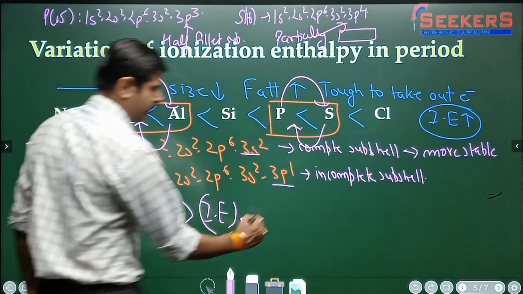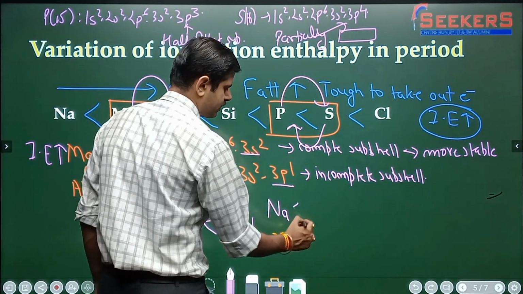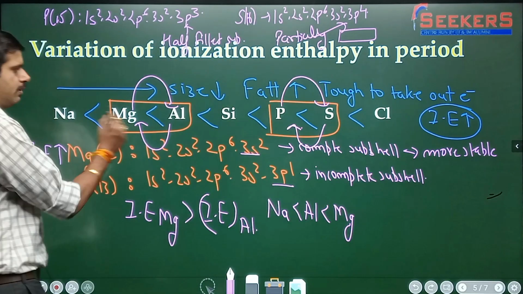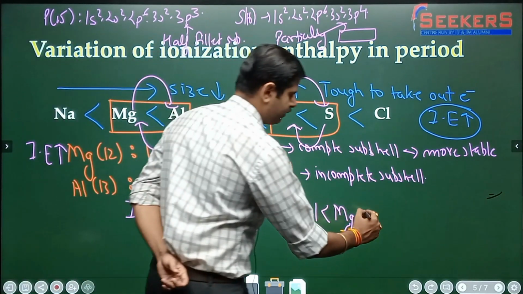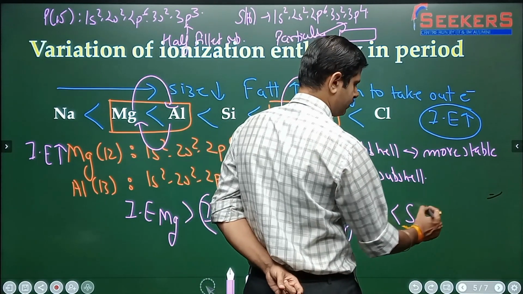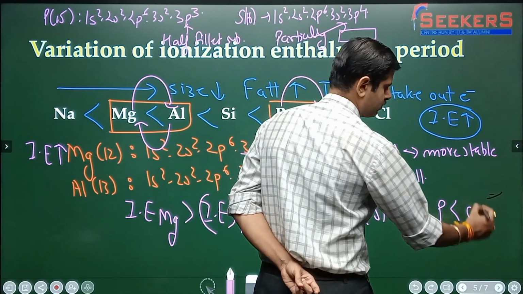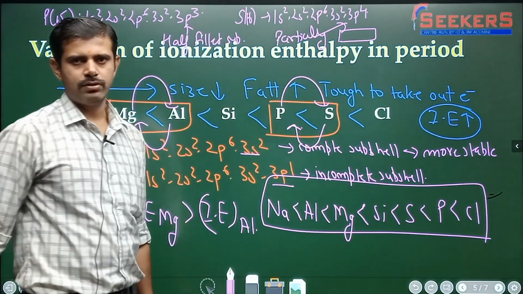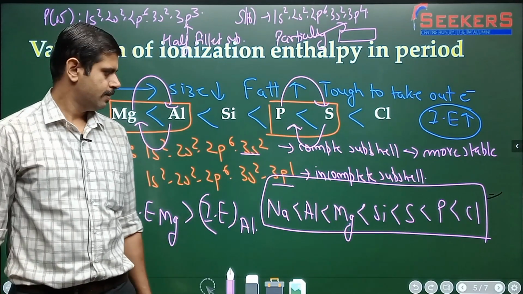The real order here will be sodium, then aluminium, then magnesium, then silicon, then sulfur, then phosphorus, then chlorine. This should be the correct order. Are you getting my point?